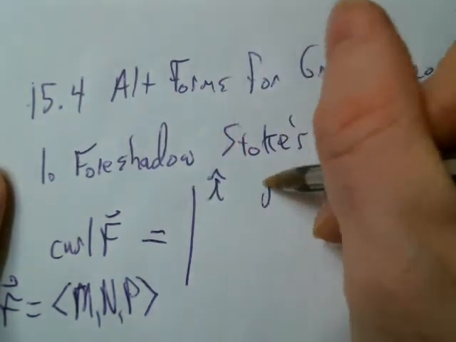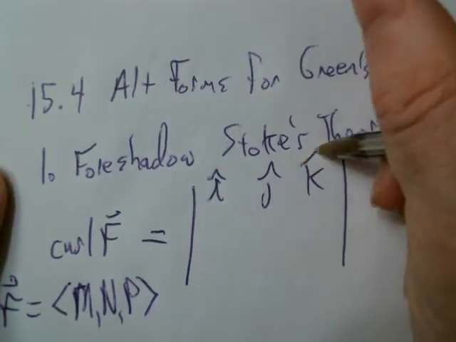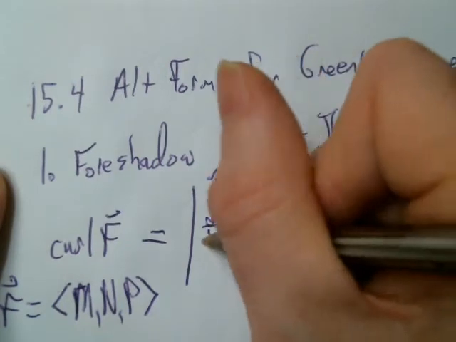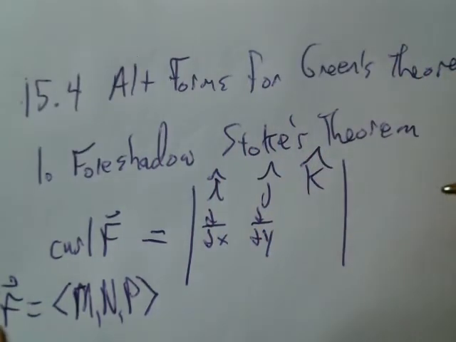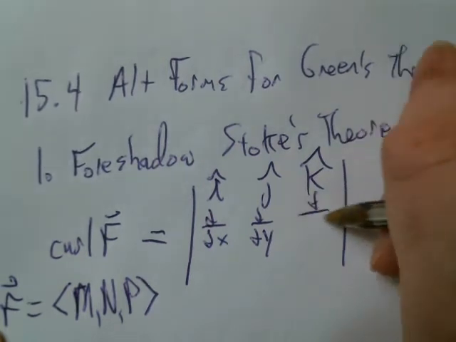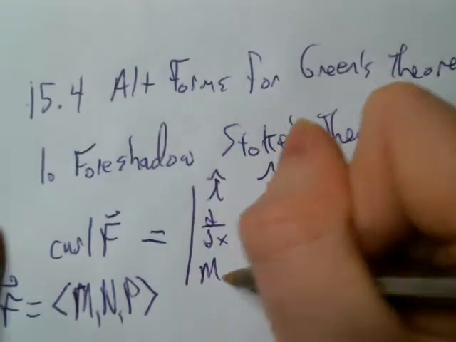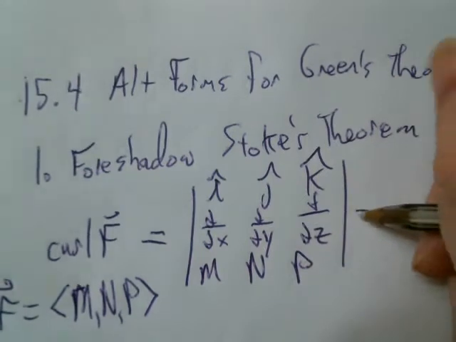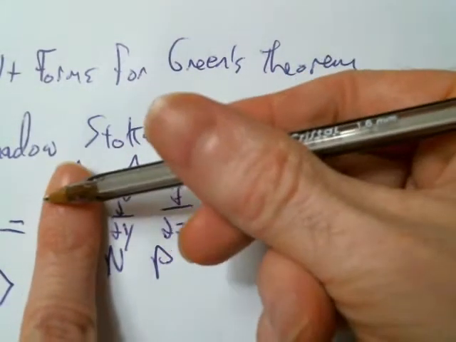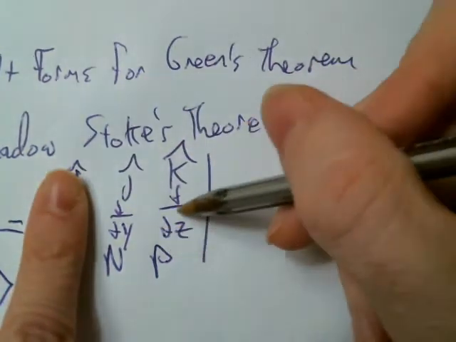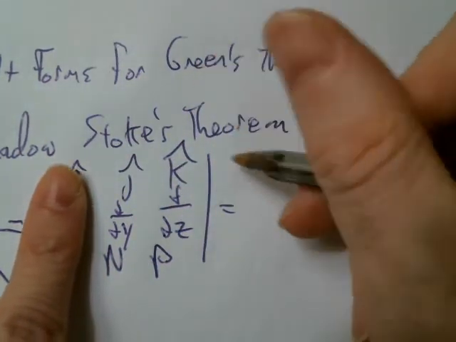You would have i, j, k, and then these partials, which symbolize the action you're doing on the vector field. I would cover that up and do the determinant there.